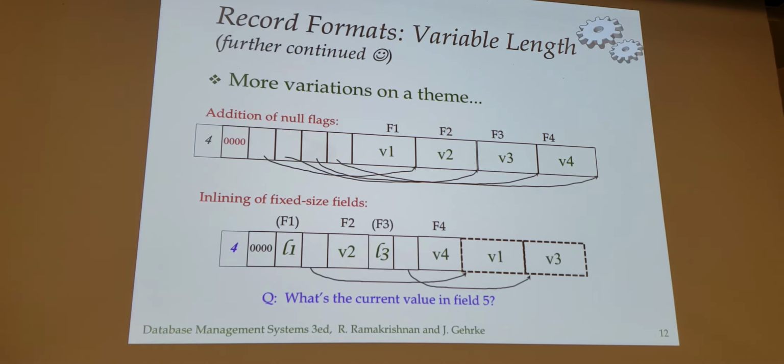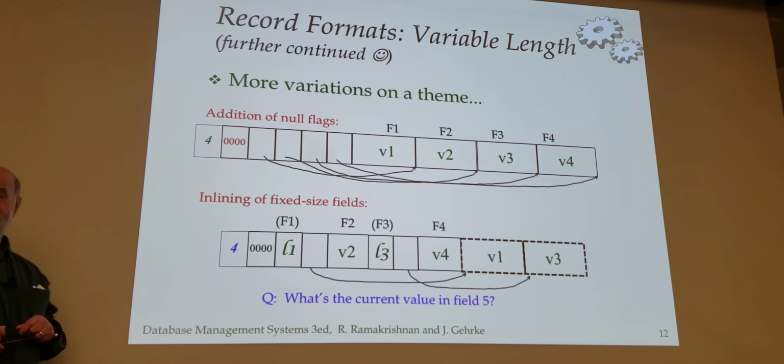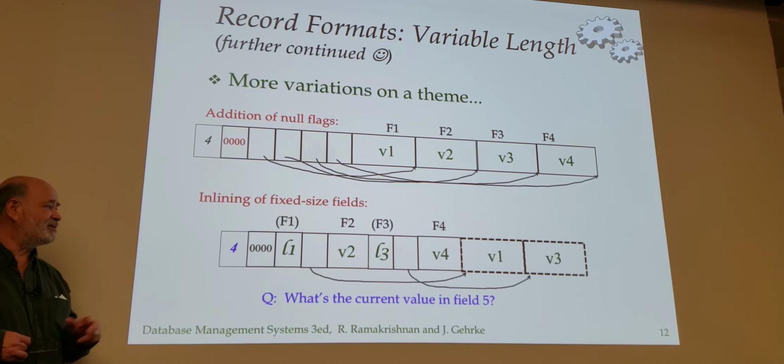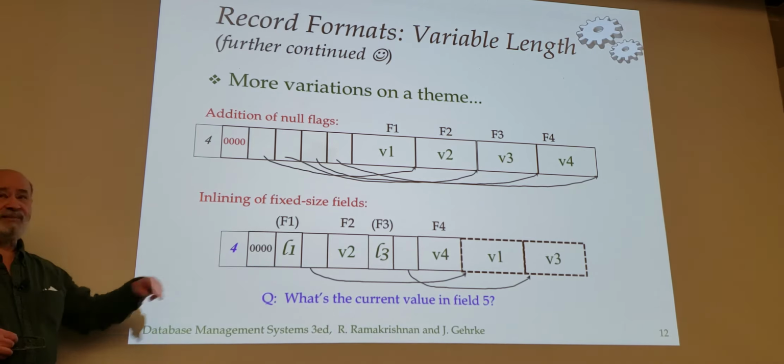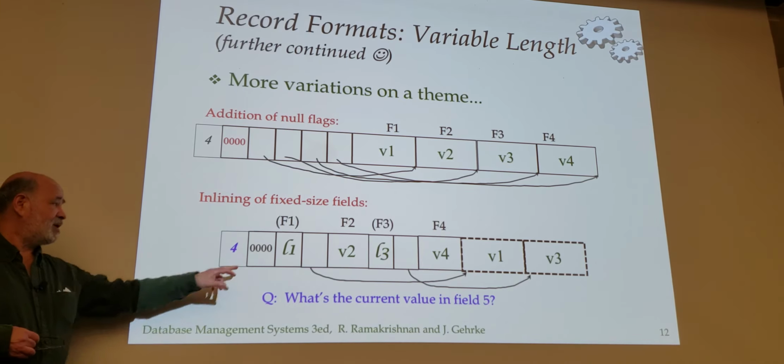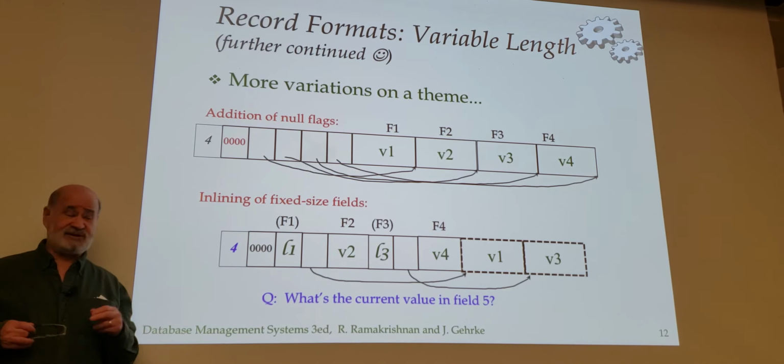Okay, another question, or did I answer? Just to show you the one on the bottom, which is used in practice and has some advantages, but I suggest that you just keep it simple and stick with the top one. Here's what's going on in the representation on the bottom. It starts off exactly the same way. You know how many fields there are, and you have the null bits exactly as before.